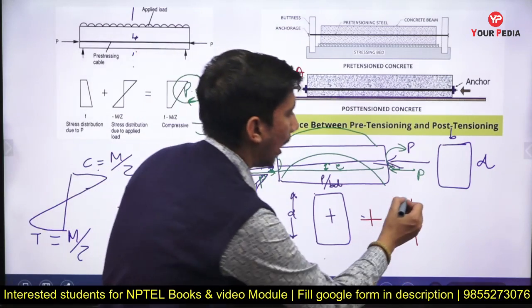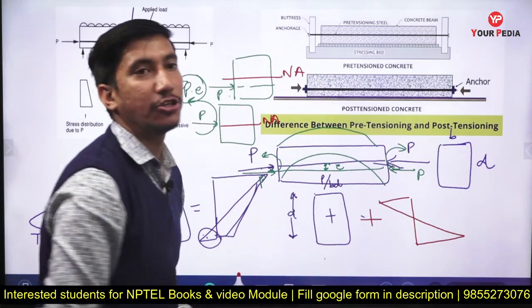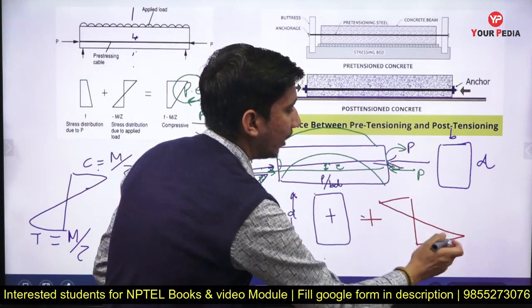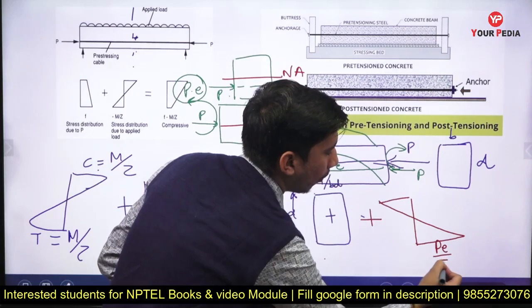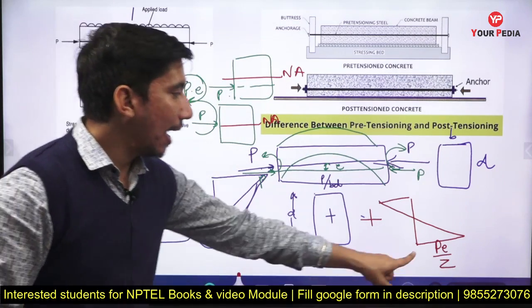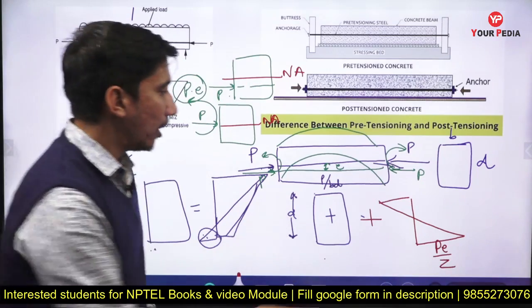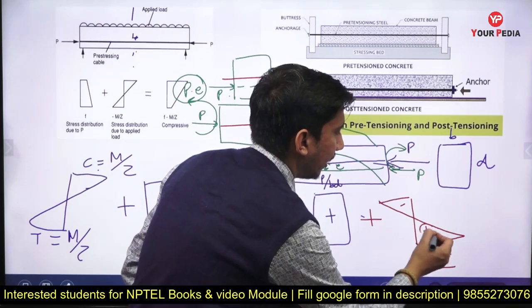Because of this, at the top we'll have tension, and at the bottom we'll have compression, and the magnitude of this will be PE upon Z, because it's M upon Z only. And what is the value of M? Moment is basically PE. So now it is creating tension here and compression over here.